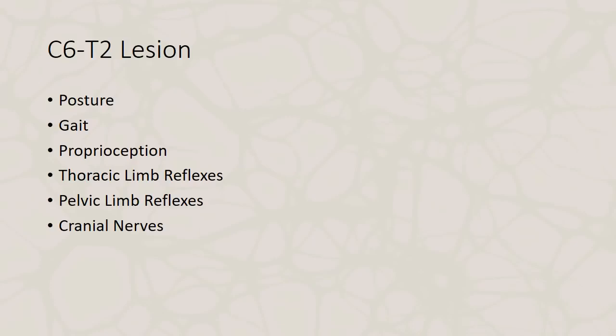Some people will call this a two-engine gait. For proprioception, the thoracic limbs and the pelvic limbs should both be affected, sometimes the pelvic limbs more so than the thoracic, especially with more caudal C6 to T2 lesions. Thoracic limb reflexes should be decreased, and the pelvic limb should be normal to increased.